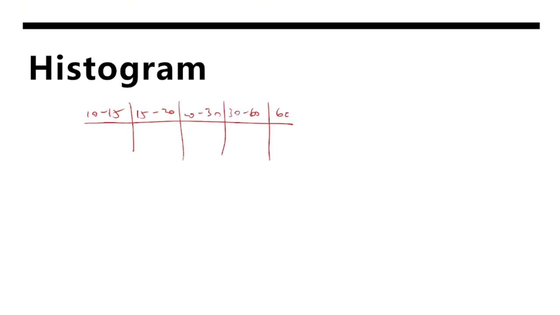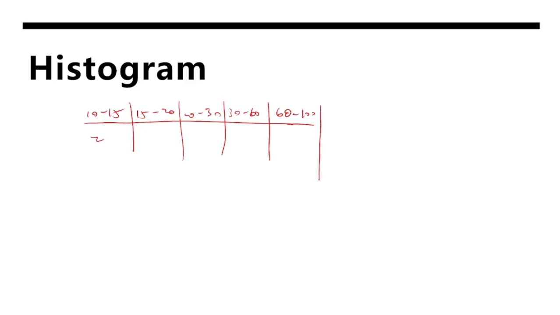Now the histogram. A histogram is also called a frequency density graph. So we have, again, time to finish the crossword. What are our values again? 10 to 15, 15 to 20, 20 to 30, 30 to 60, 60 to 100.